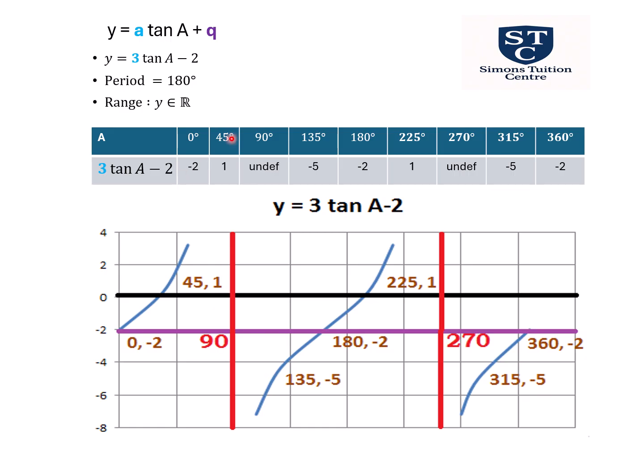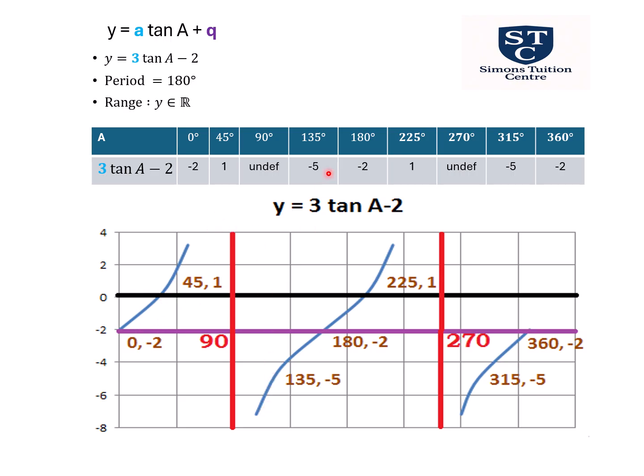Right, to get the values again, tan 45 is 1. 1 times 3 is 3, but 3 minus 2 gives me 1. So there we have 0 and negative 2, and 45 and 1. Plot them and we join them. But take note, 90 degrees is undefined. So at 90, we have an asymptote. So the graph can't make contact at 90.